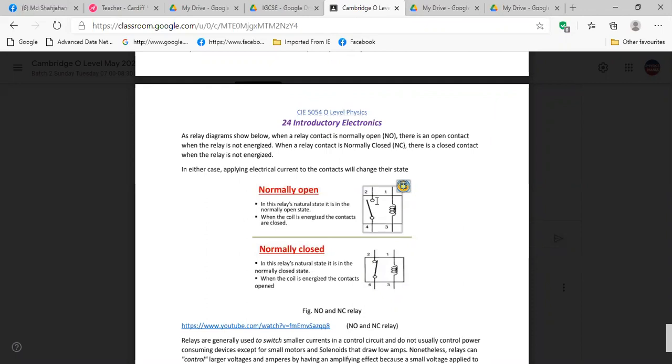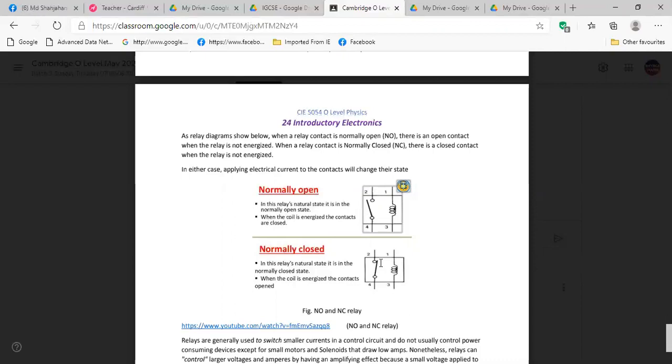Okay, this is one kind of relay, and another kind is like the machine is on and working, right? So if you switch on this circuit, then this switch will become open, and the circuit will be off.